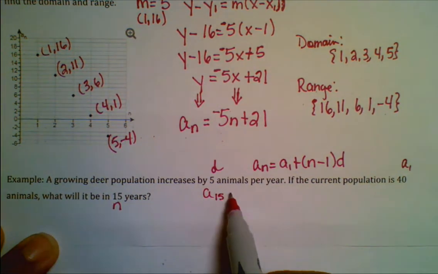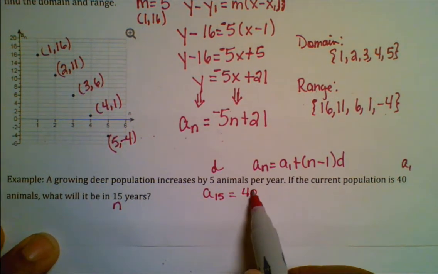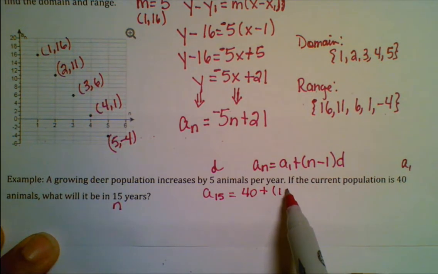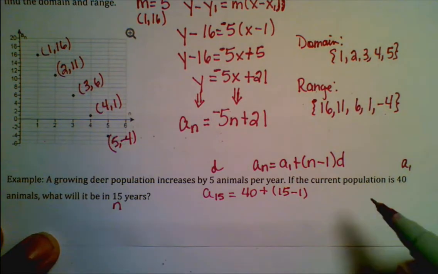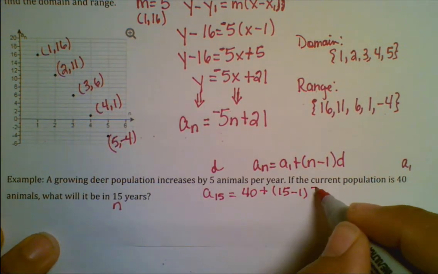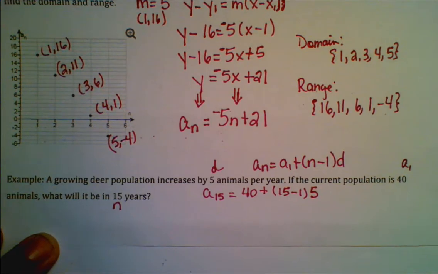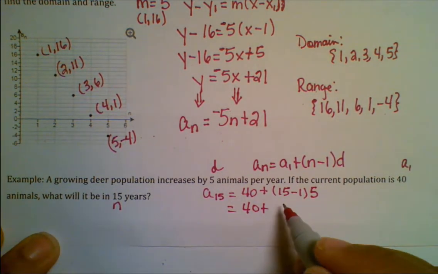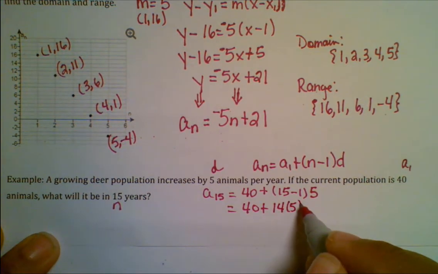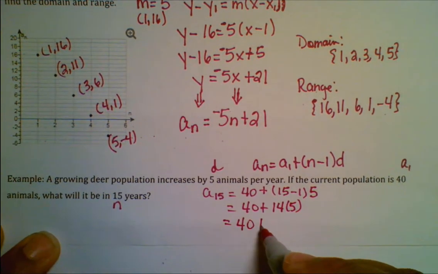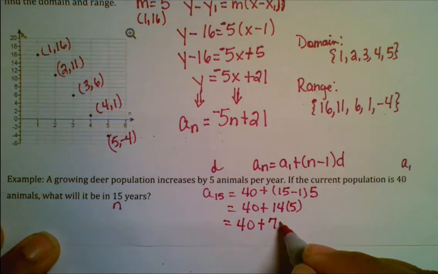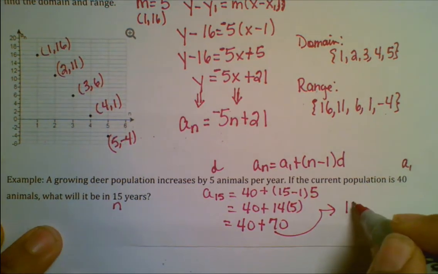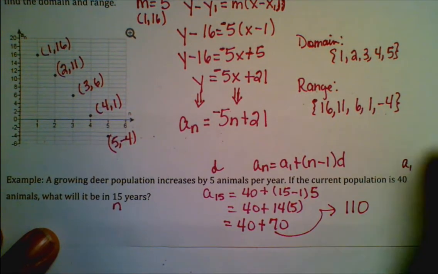What will it be in 15 years? a sub 15 is equal to 40 plus 15 minus 1 times 5. We have 40 plus 14 times 5, which is 40 plus 70, and 40 plus 70 is 110.